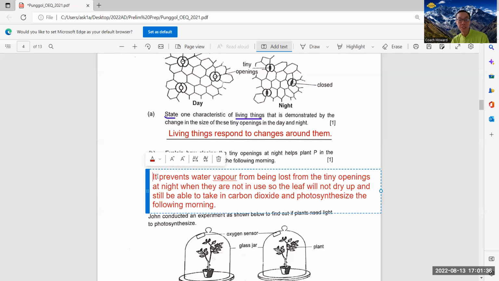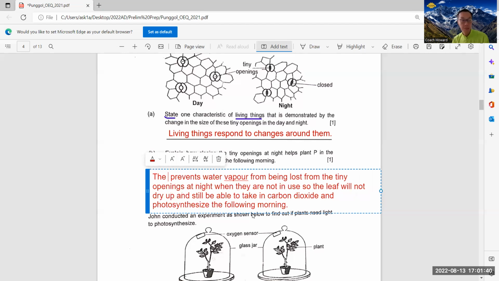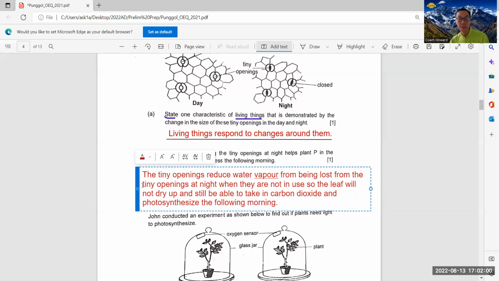Okay, the tiny openings. Maybe I change the word, instead of prevent, it is reduce. Reduce water vapor being lost from the tiny openings at night, when they are not in use.